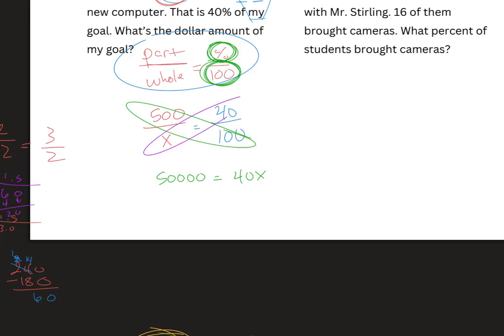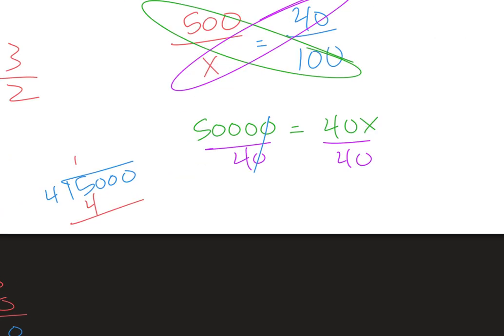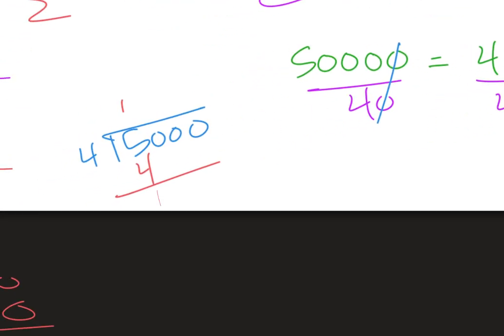You cross multiply, and you get 50,000 equals 40x. We're going to divide both sides by 40. These zeros can cancel, and so now it's 5,000 divided by 4. 5 minus 4 is 1.